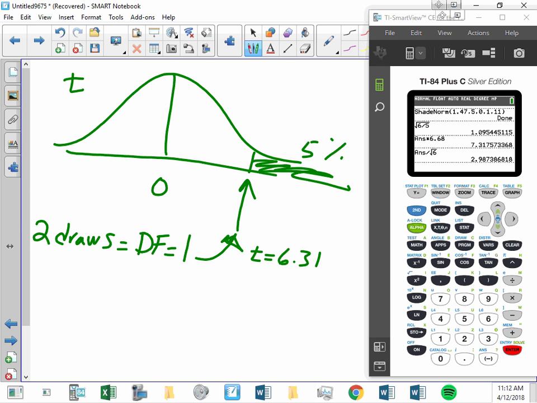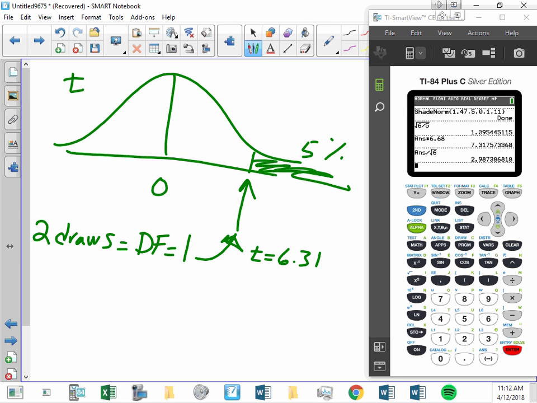Not very accurate. So your null hypothesis would require that your sample be 6.31 SEs away from the average, right? So is taking two samples very good? No, but sometimes that's all you have.